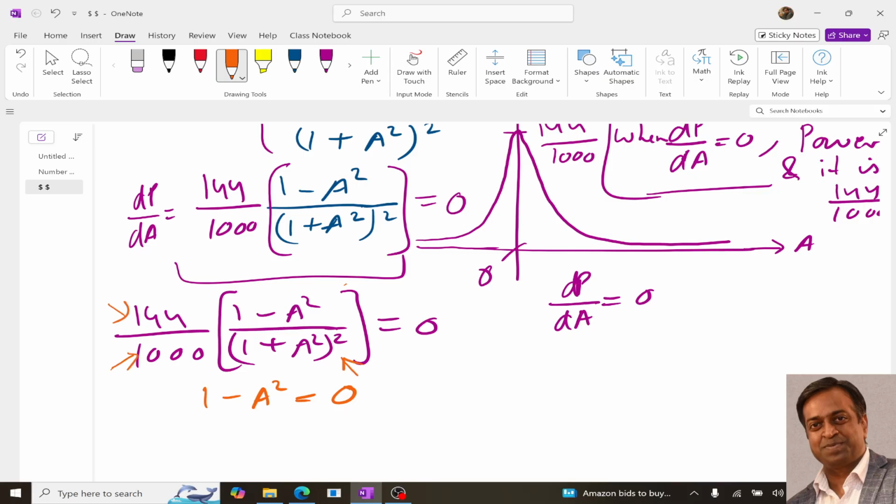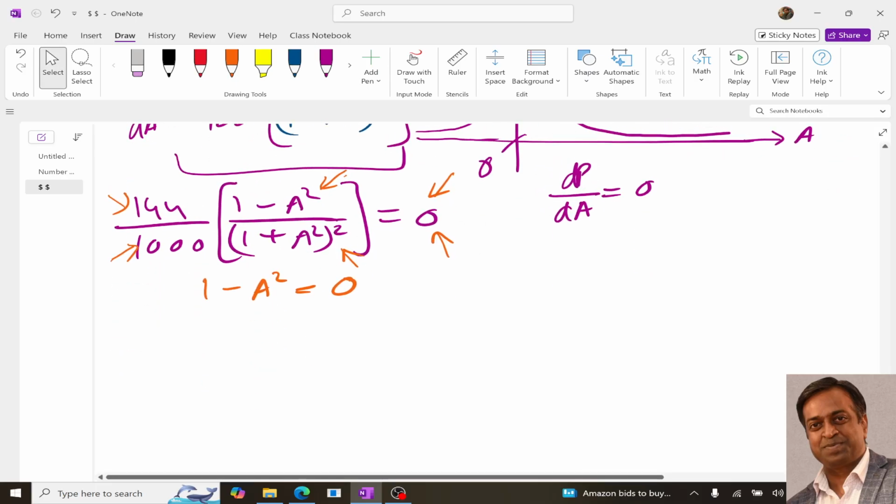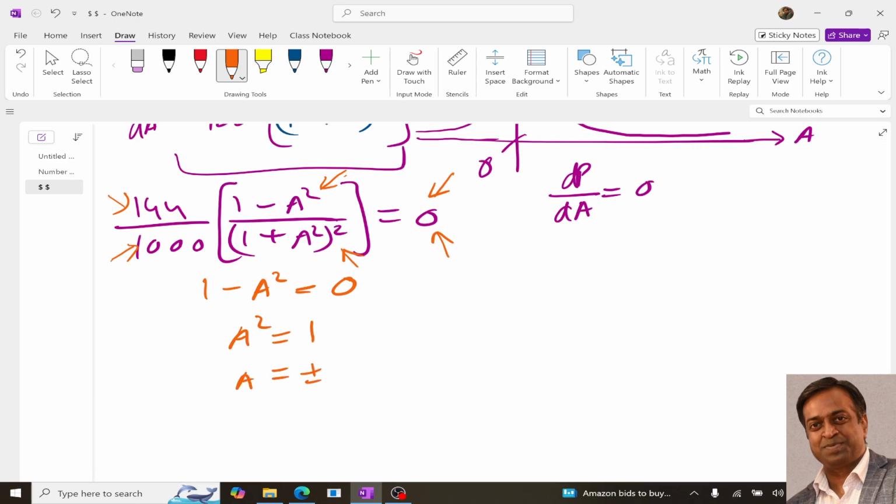The denominator should not be 0; if it becomes 0, then this value becomes infinity. So the only possible way is to make 1 minus a square equal to 0. So from this a square is equal to 1, so a is equal to plus minus 1.